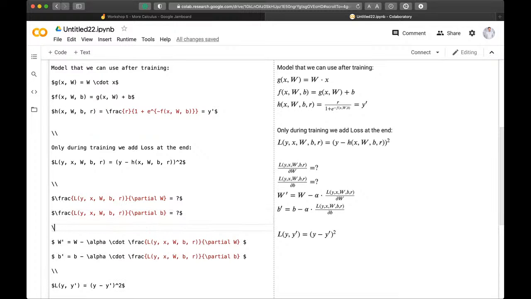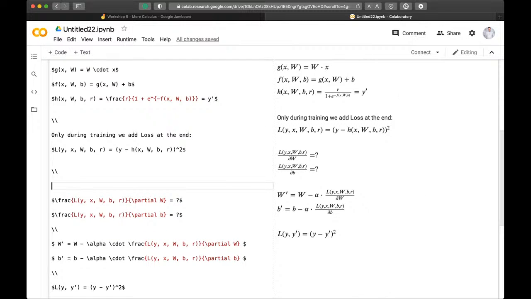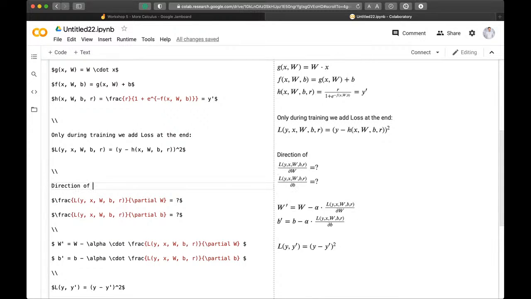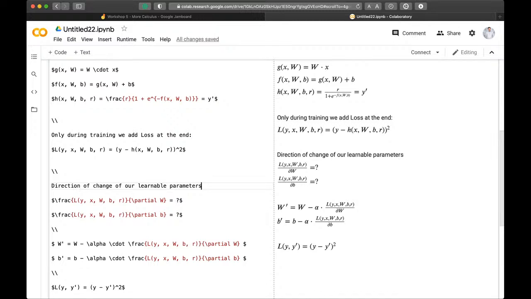So let's write down: this is the direction of the change of our learnable parameters, in which direction we want to change them.